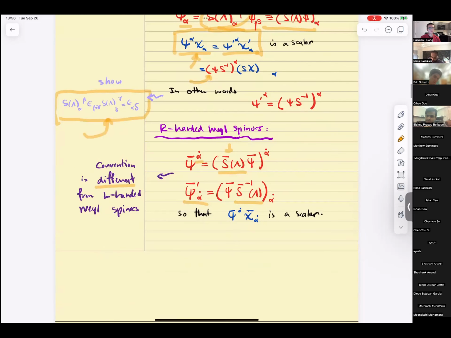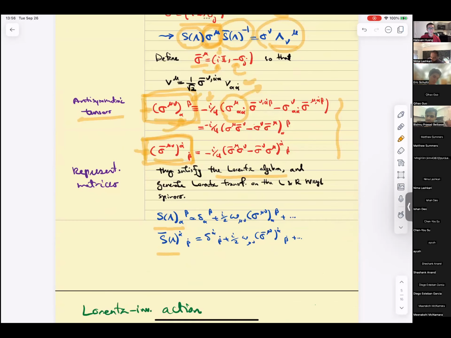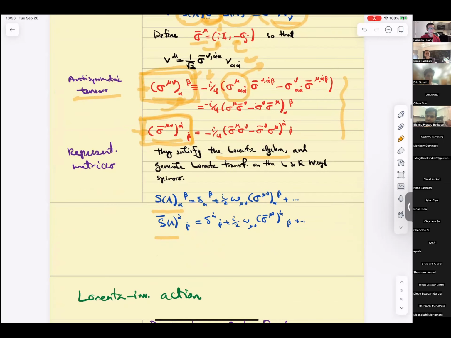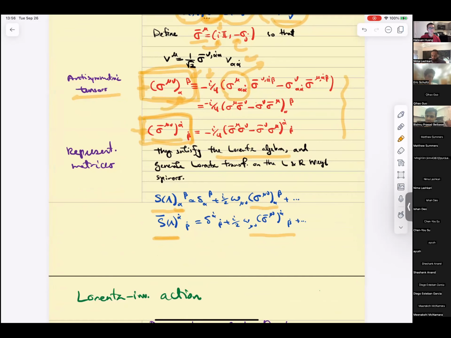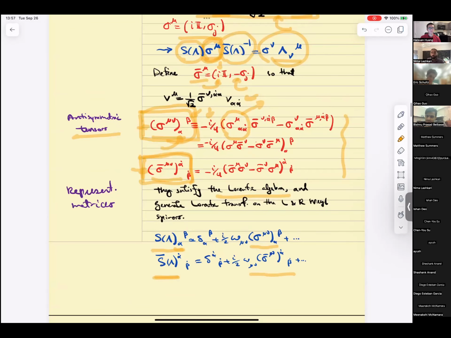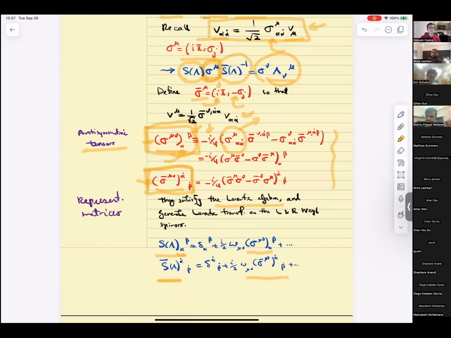If you expand them, you're going to discover these generators. So what did we do? We wrote down explicitly the generators of Lorentz transformations as they act on left and right Weyl spinors. These are 2 by 2 matrices. Recall that every Lorentz generator has a mu and nu index. That's why these sigmas and sigma bars have a mu nu index.